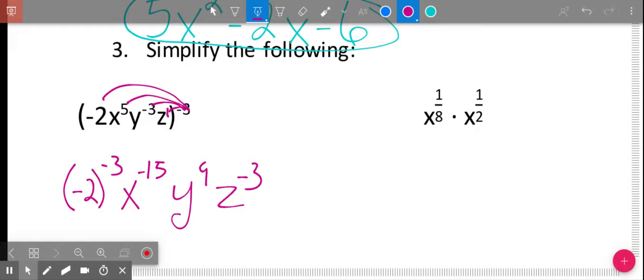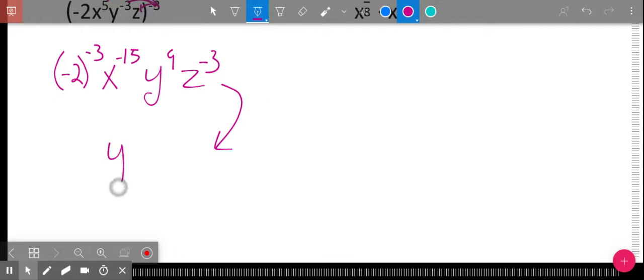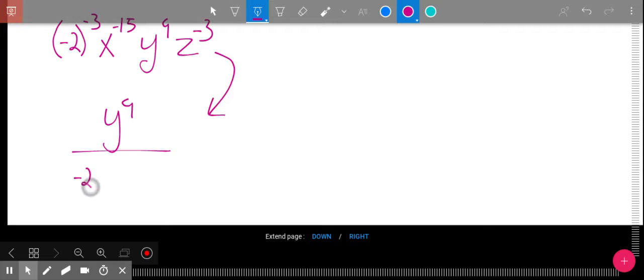Now remember, anything with a negative exponent has to get moved to the bottom. So the only thing that gets to stay put is this y to the 9. We're going to move all of those negative exponents to the bottom. So it becomes negative 2 to the positive 3, x to the positive 15, and then z to the positive 3.